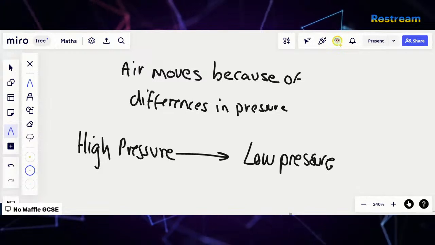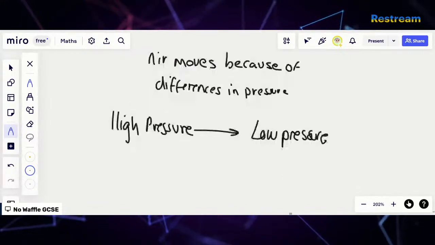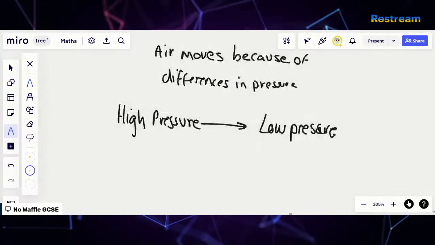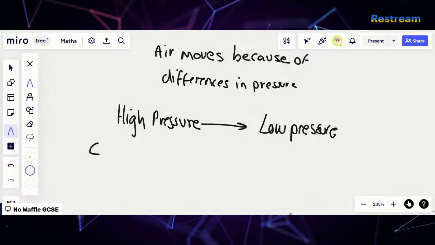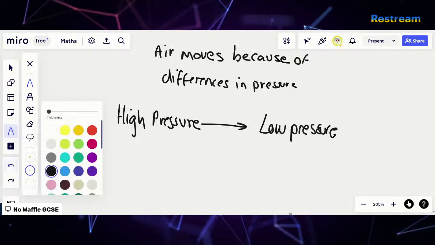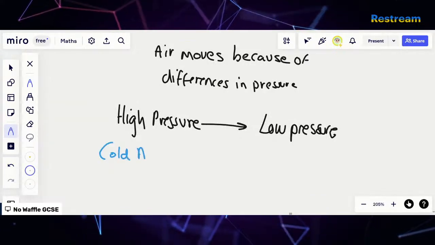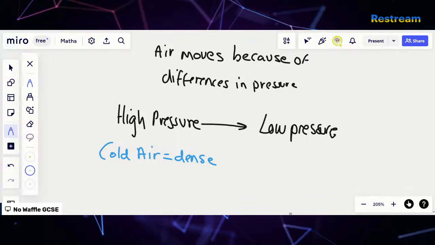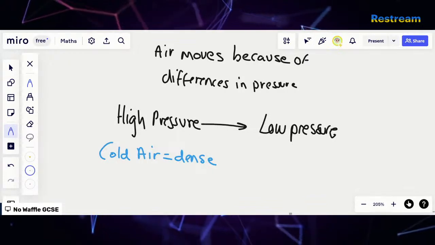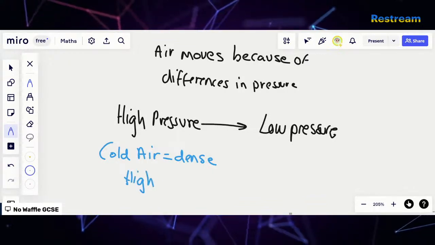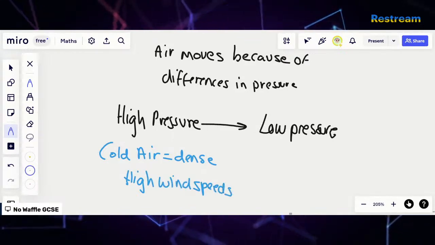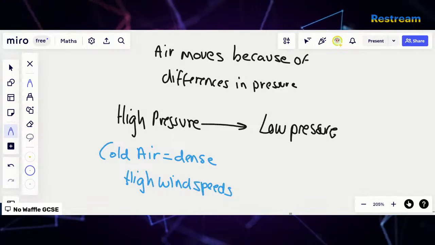Okay, so in terms of what high pressure and low pressure mean, high pressure is cold air. Because cold air is dense, it has high wind speeds and precipitation and rain and things like that.